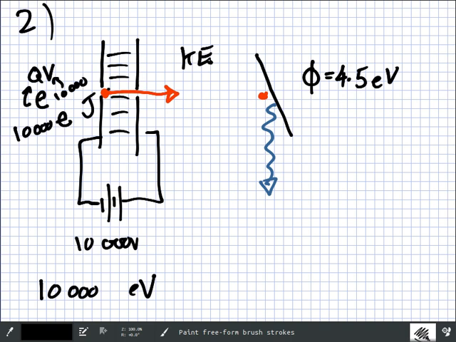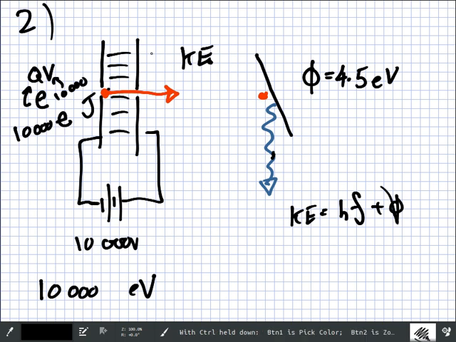And then the kinetic energy will become the light energy here. Now you also had a formula: KE equals hf plus work function. Wasn't that it? I think that was the formula.